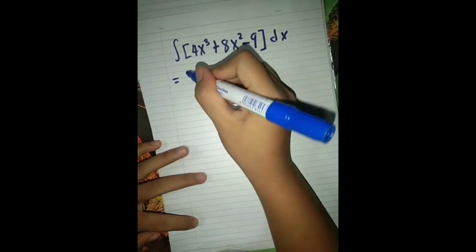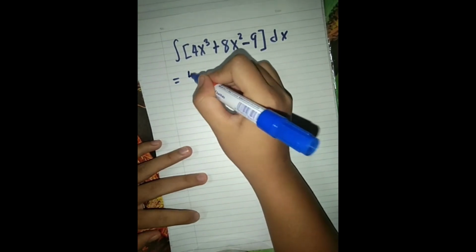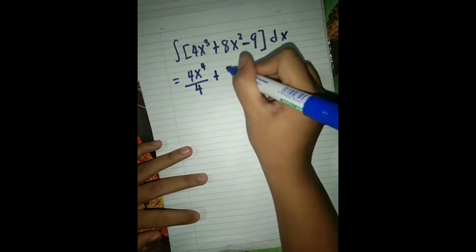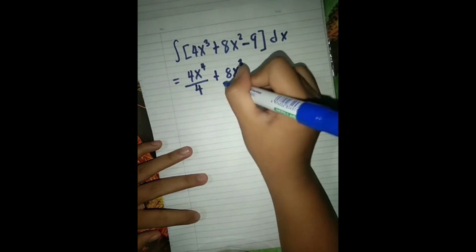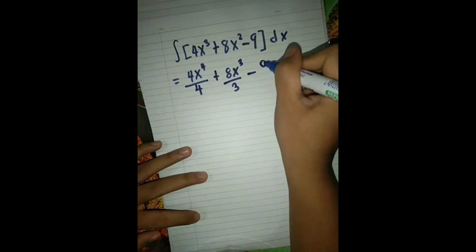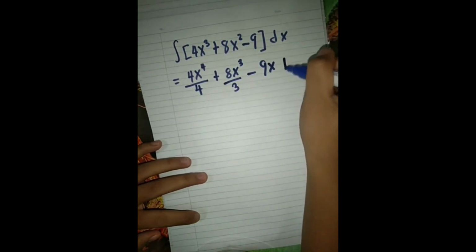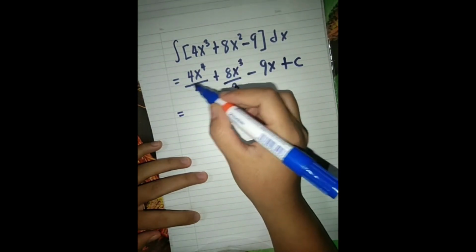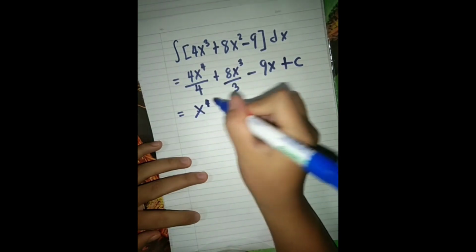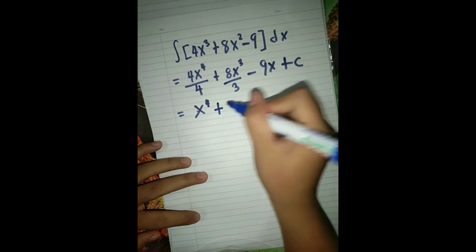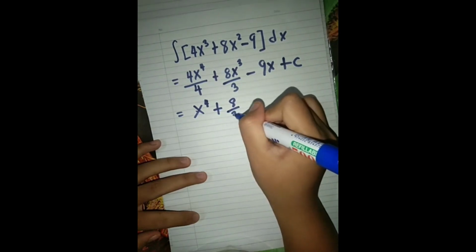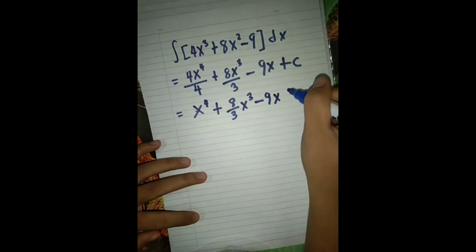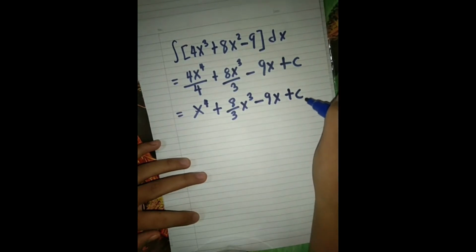Then we integrate 4x cubed, we get 4x to the power of 4 over 4 plus 8x to the power of 3 over 3 minus 9x plus a constant, and then simplifying we get x to the power of 4 plus 8 over 3 x cubed minus 9x plus a constant. So this is the answer.